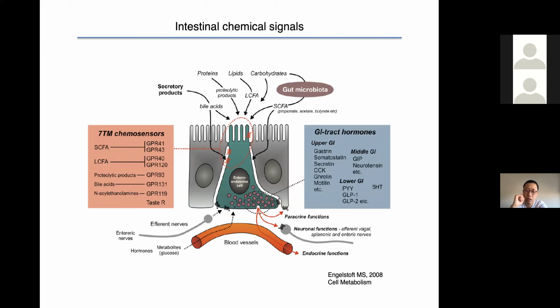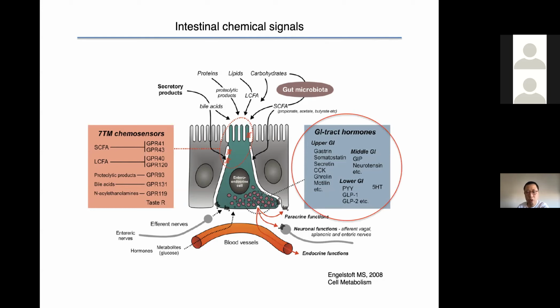There are no reports showing that an immune signal can trigger this whole cascade. After the chemosensor epithelial cells, particularly the enteroendocrine cells, receive these signals, they start to release hormones or neuropeptides to conduct the further signal.